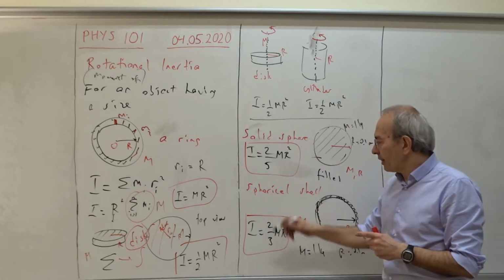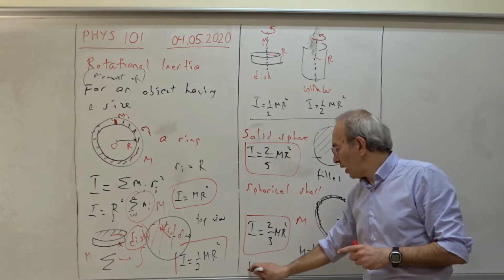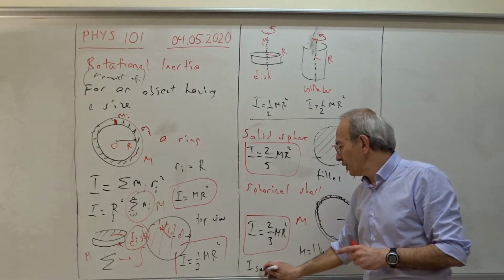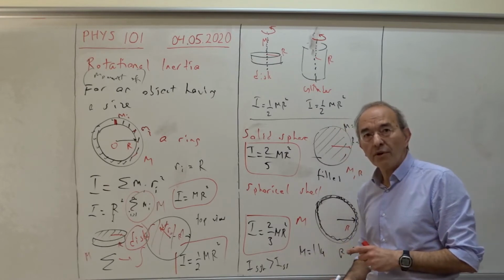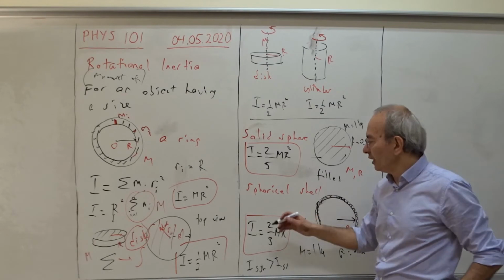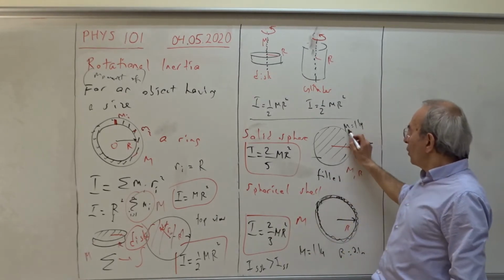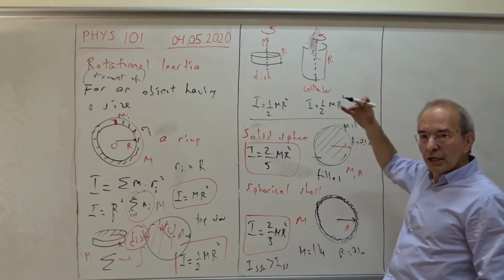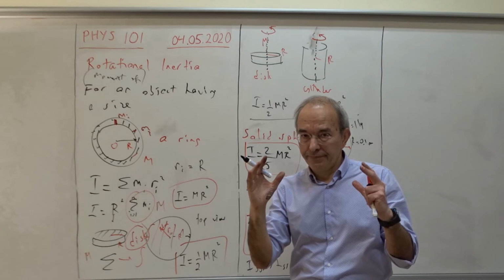So if you compare them, we understand that I for the spherical shell is greater than I for the solid sphere. How come? It is because of the assumption of the same mass. This object has the mass 1 kilogram, but it is distributed over the volume.